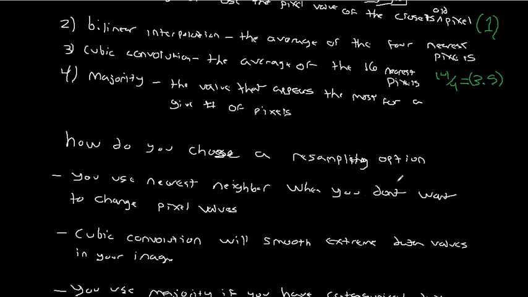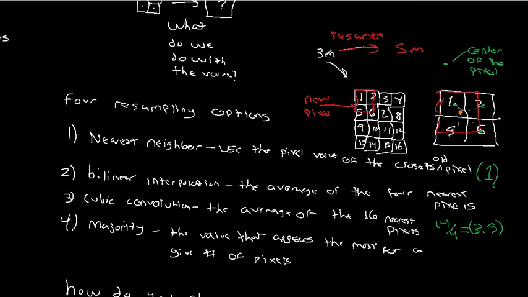Right, so to put that in perspective, in this example we went from 3 meters to 5 meters, so we were really only considering at most 4 pixels, so majority didn't make a whole lot of sense. But imagine if we went from 3 meters to 30 meters and we're encompassing more pixels than we've even shown here. It might not make sense to just pick the value from 1 pixel, but averaging still wouldn't make sense.